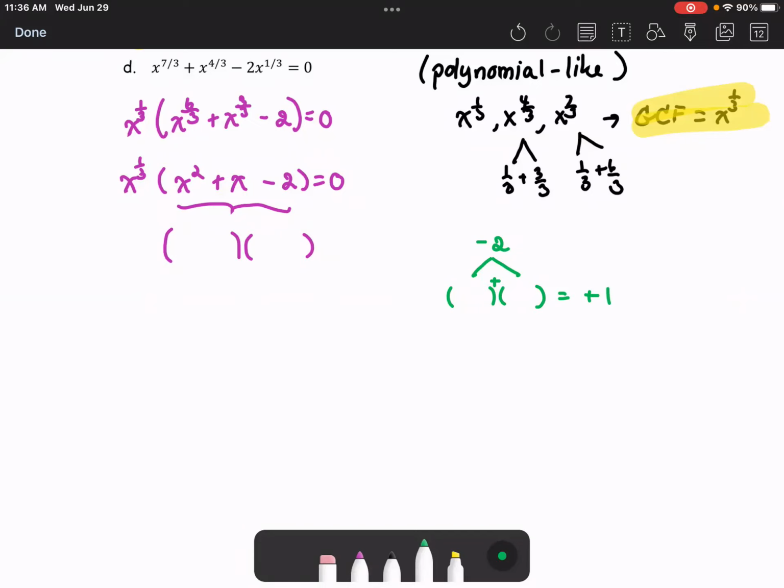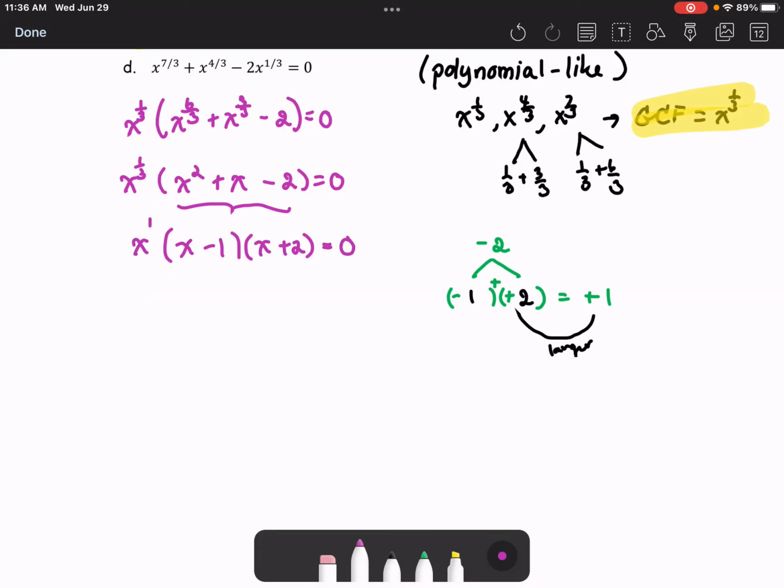So one is negative and the other is positive. The sum is positive, which means the larger quantity has the same sign as the sum. So that means positive 2 times negative 1. Then we factor this to be x minus 1 times x plus 2 equals 0.